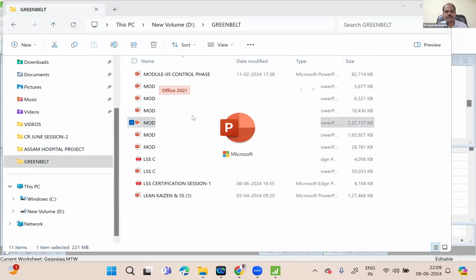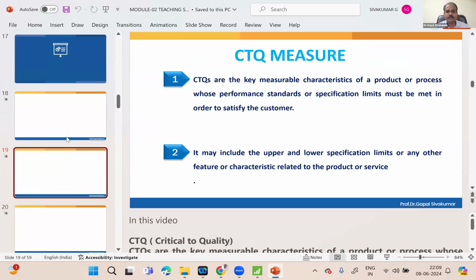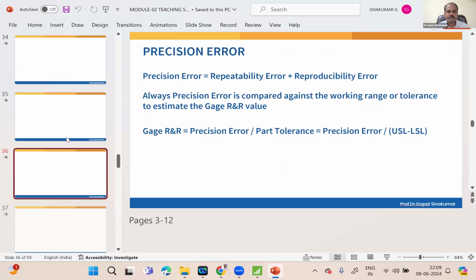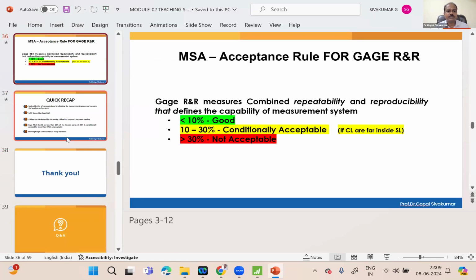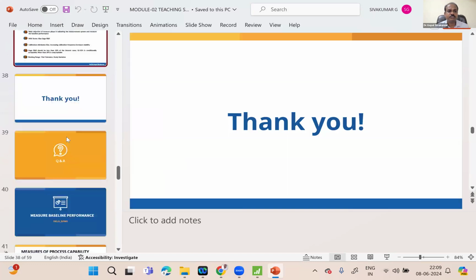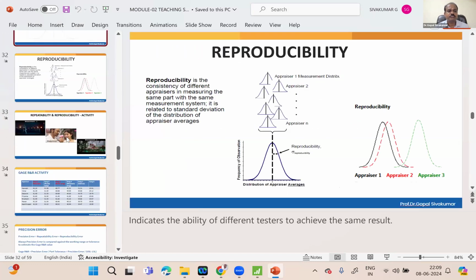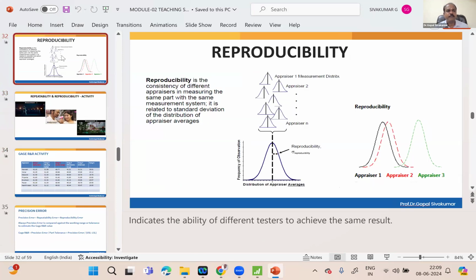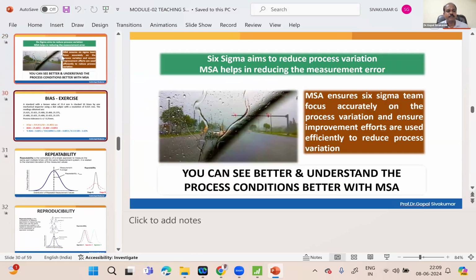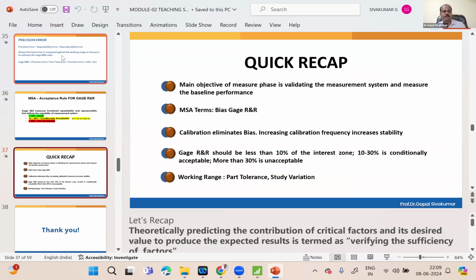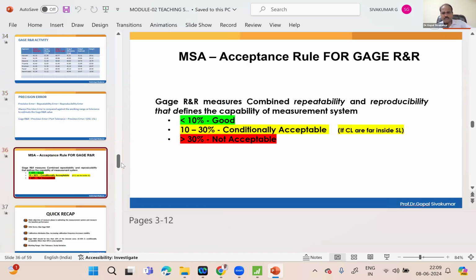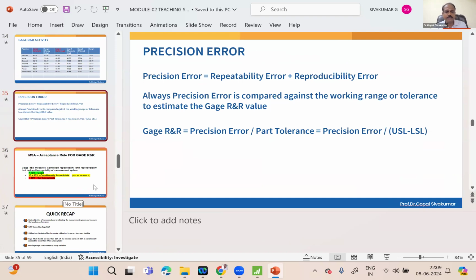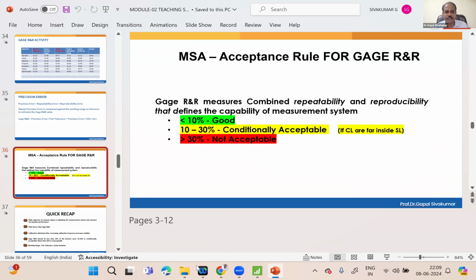Module 2 is measure phase. Yes, it has come. So these are the conditions. But I said I will show you the graphs, right? So let me get something different.